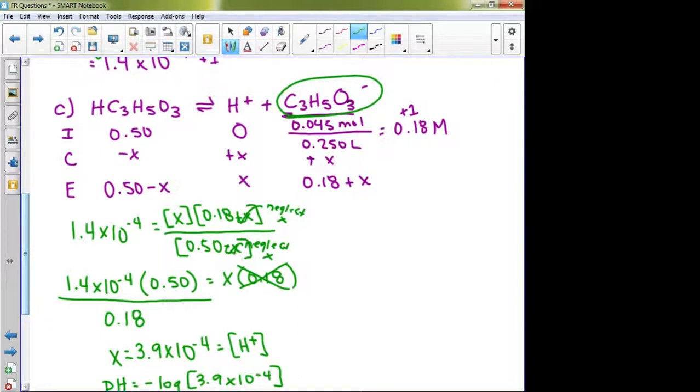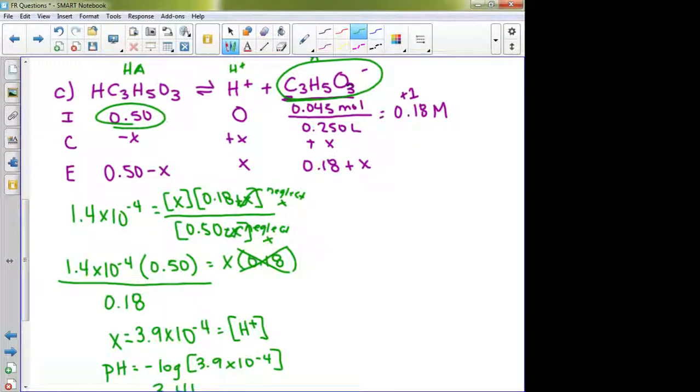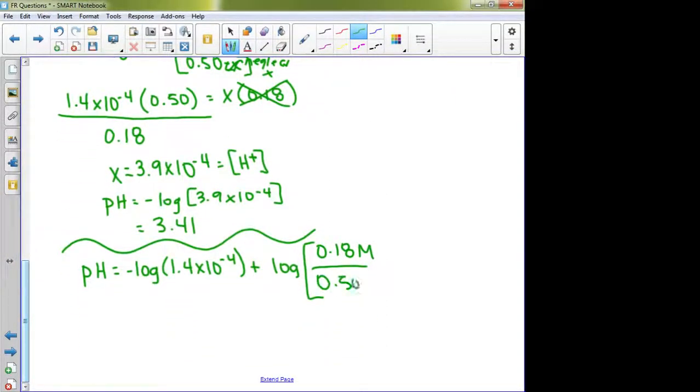Because this is HA, that's my acid, and it went into H positive plus A minus. Okay, so there's my A minus. What's my concentration of A minus? 0.18 molar, right? Okay. Divided by the concentration of my acid, what was the concentration of my acid? Just the 0.50. And if you plugged this into your calculator, it would give you 3.41. So you could have done it without an equilibrium table.